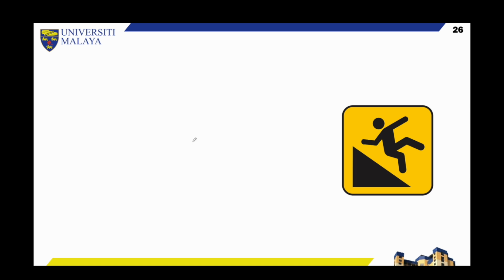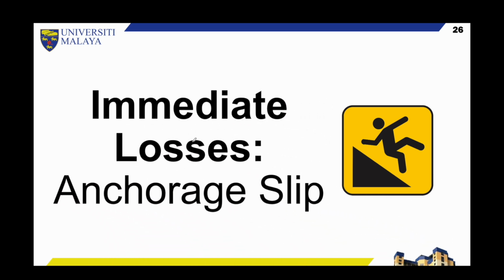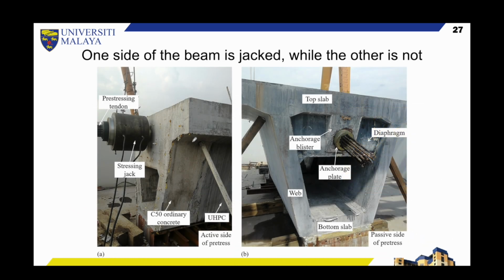Now, the last type of short-term losses that we'll be going through is anchorage slip. So notice that this is a picture of a beam being subjected to post-tensioning.